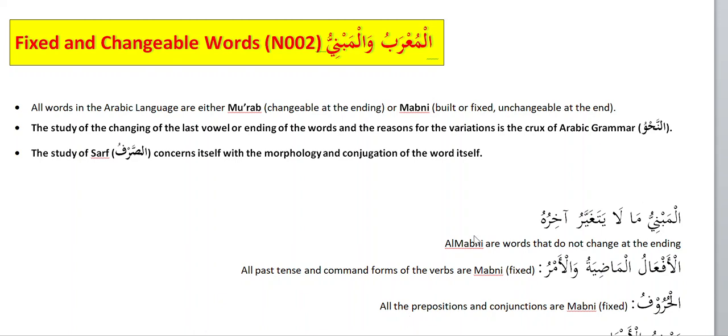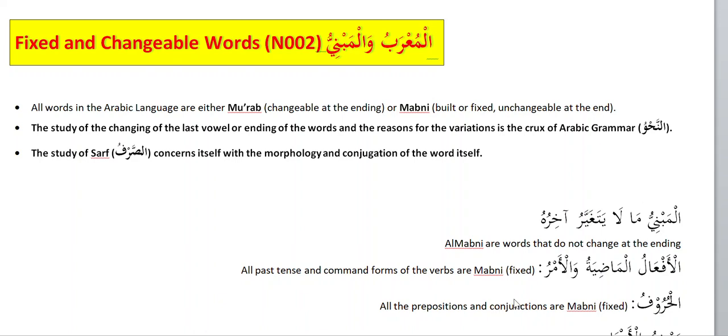Just a quick reminder, N001 was pretty much identifying the parts of speech and seeing signs for recognizing them. And we have three parts of speech: the ism, the fi'al, and the harf. Al-ismu, wal-fi'alu, wal-harf.